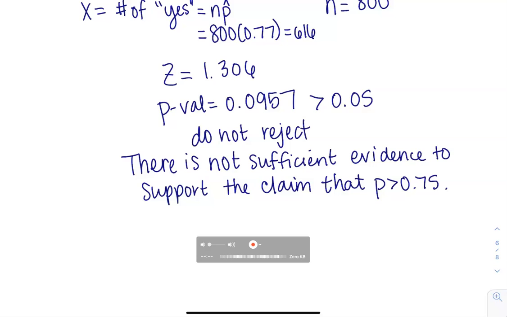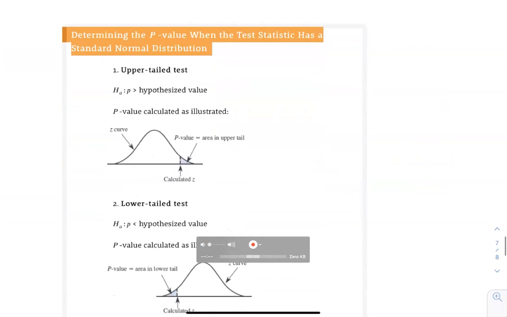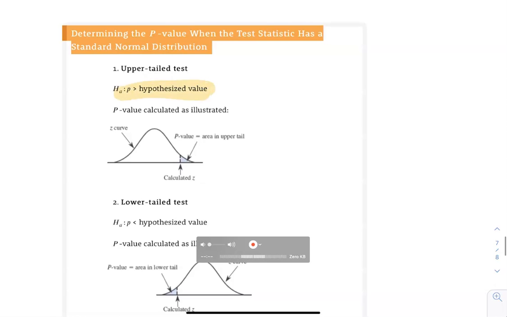Now, let's just look at one other way just to think about what's happening here. This is in your textbook, where these p-values are coming from. If you absolutely don't want to use StatCrunch, you don't have to. You can do it by hand. If your alternative is a greater than, then you find your calculated test statistic, and then you find the probability that you are at that test statistic or greater.